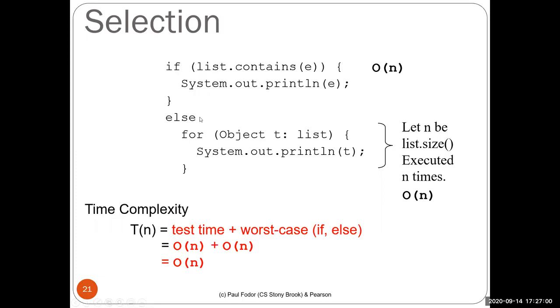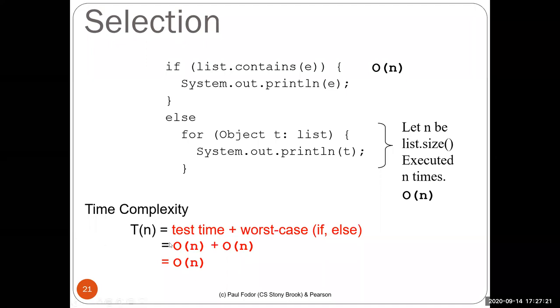But in the case of the else part, we iterate over the elements in the list and we print every single element. So the time that it takes for the else part is O of n. Now, what is the time to execute the entire if statement? It's basically the maximum between the two branches.